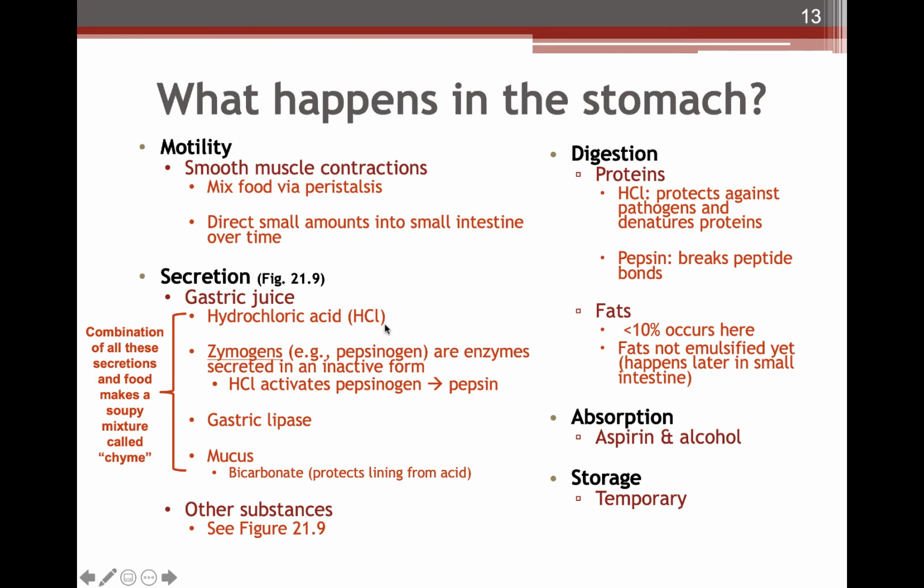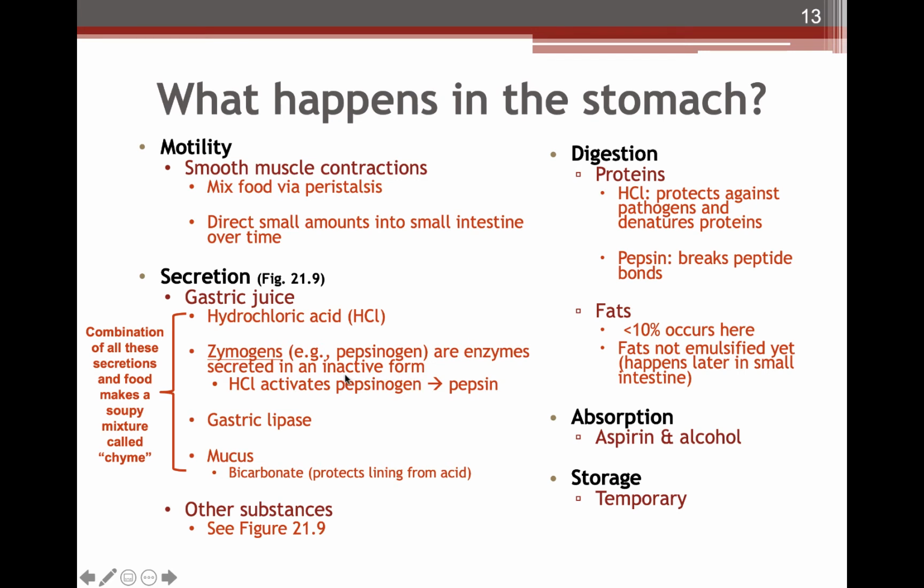We'll talk about how the stomach synthesizes and releases hydrochloric acid in a few slides. There's a bunch of enzymes, and as a category, they belong to a category of digestive enzymes called zymogens. Zymogens is a large category of digestive enzymes that are secreted in an inactive form.